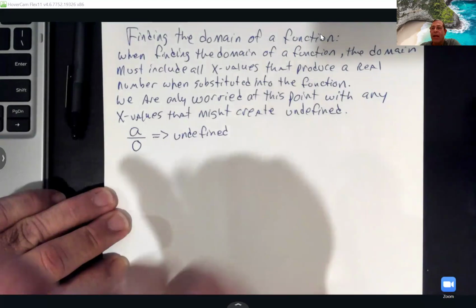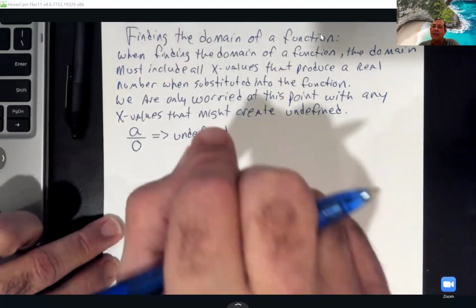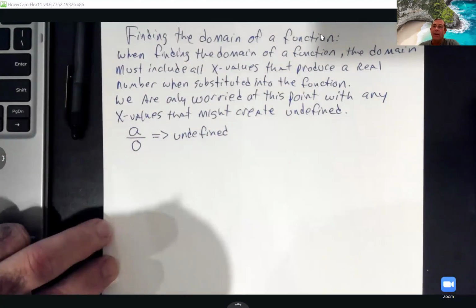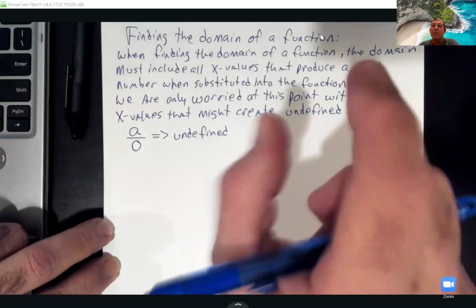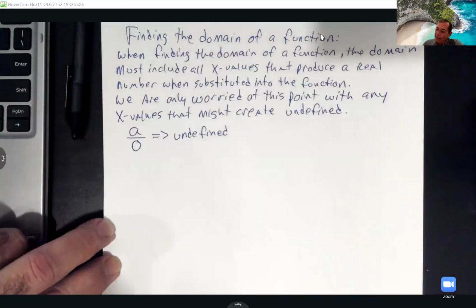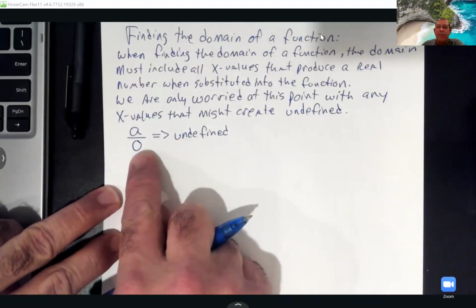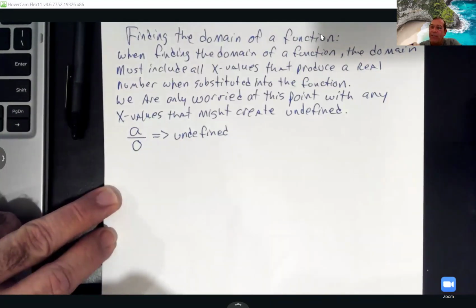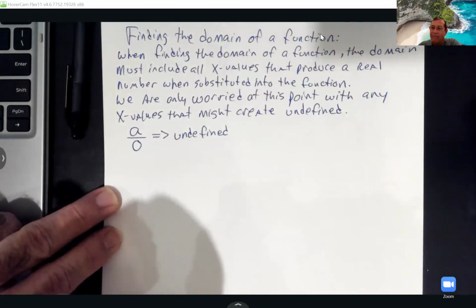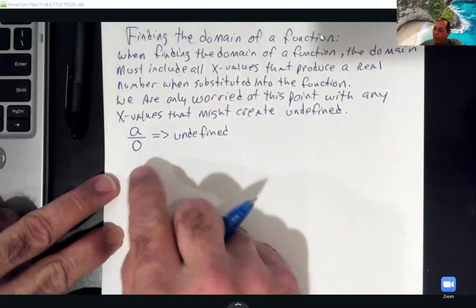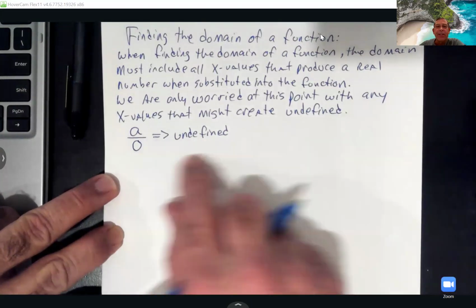And if you take your calculators and you try to divide by 0, it will tell you an error message, division by 0, okay? So that means the only way you're going to get something undefined is if you got a fraction, okay?